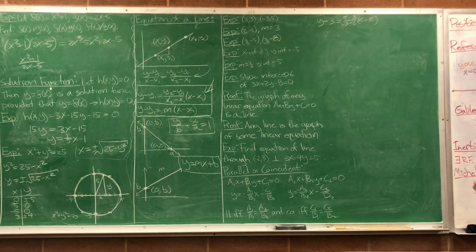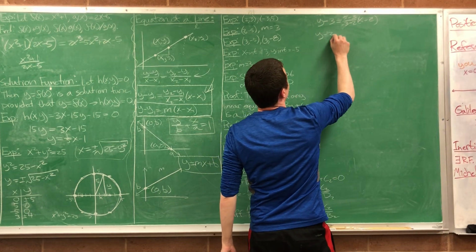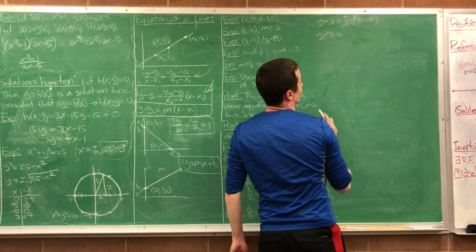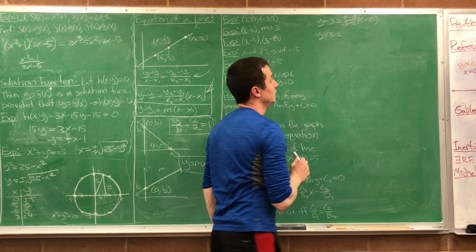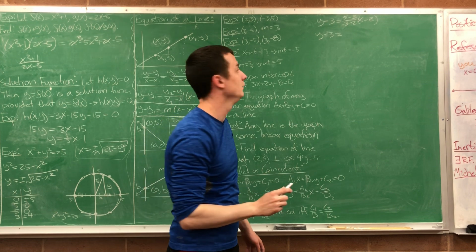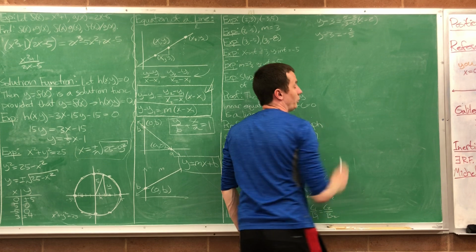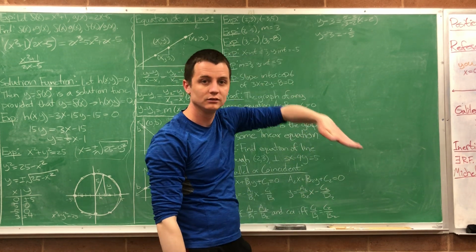There we go. Alright, so now we just simplify. y minus 3 is equal to 5 minus 3 is 2, over negative 3 minus 2, which is negative 5. So we have negative 2/5, which we were hoping for, a negative slope, right?